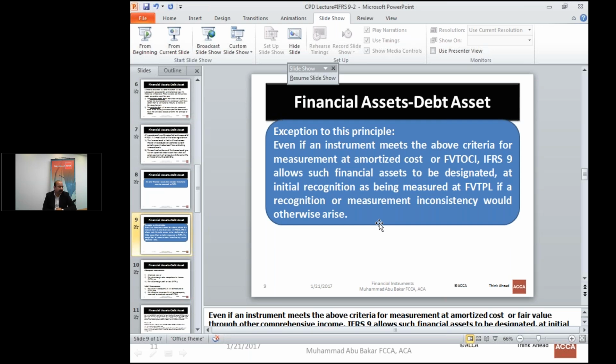Zaid, if it is being actively traded in the market, of course that fair value will be used. Even if you apply the market interest rate, the same value will appear, but that market value will be used instead of making these calculations.